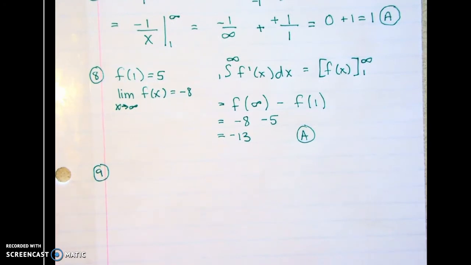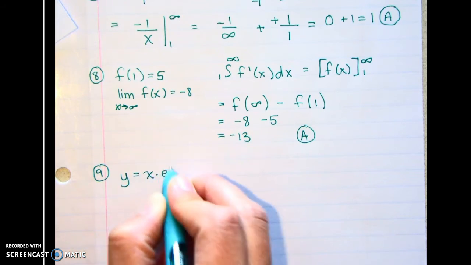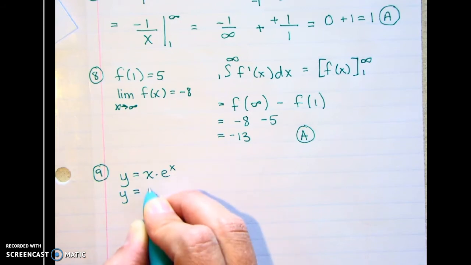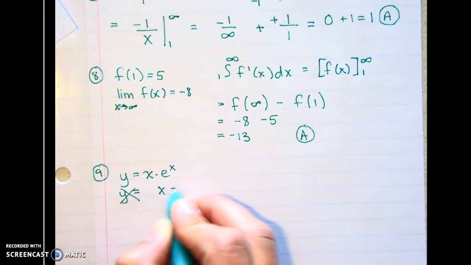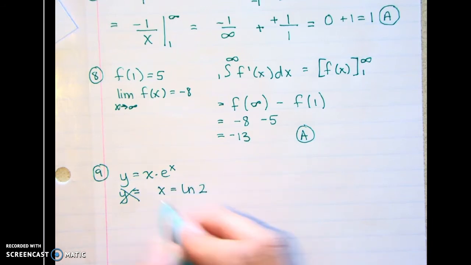Number 9, the area of the region bounded by those graphs and the x-axis is, can I use a calculator? Because what's the most important part about doing area is that you need to know what's on top and what's on the bottom. Oh, we don't need to know that.